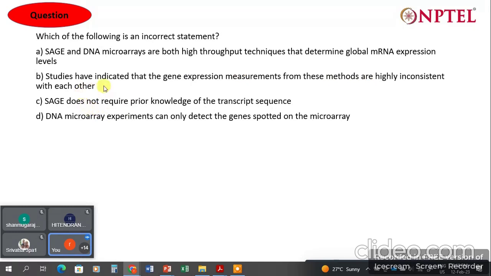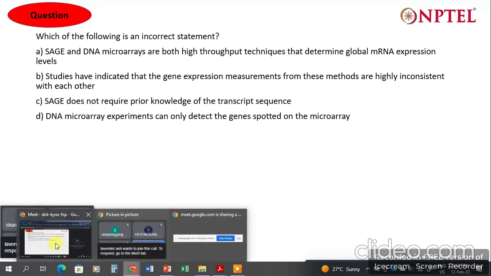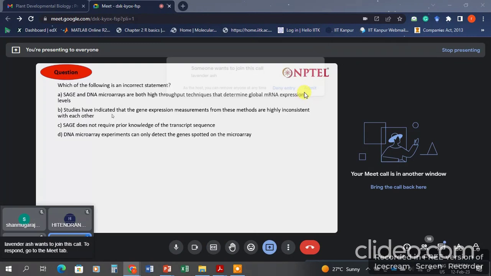Second option is: studies have indicated that the gene expression measurements from these methods are highly inconsistent. The third option is: SAGE does not require prior knowledge of the transcript sequence. And fourth option is: DNA microarray experiments can only detect the gene spotted on the microarray.